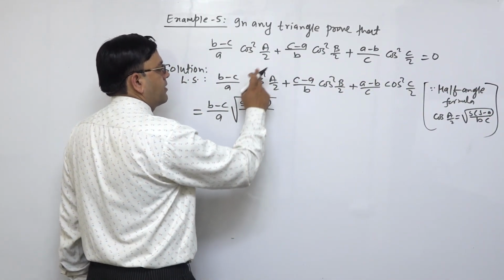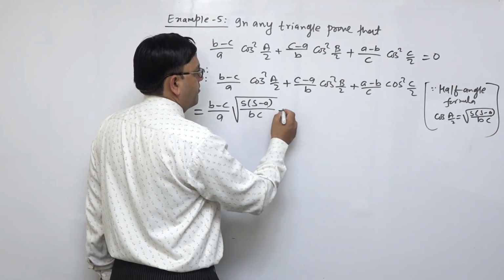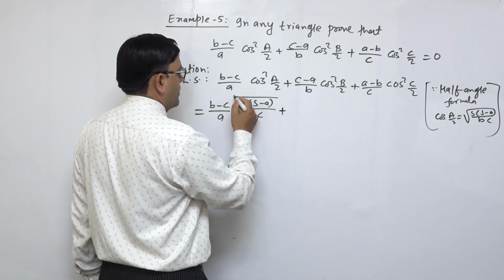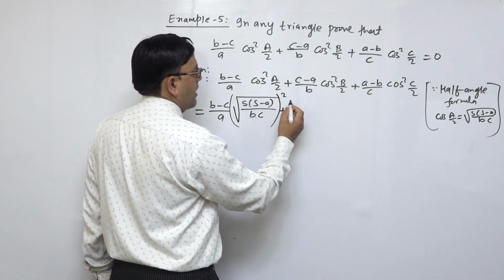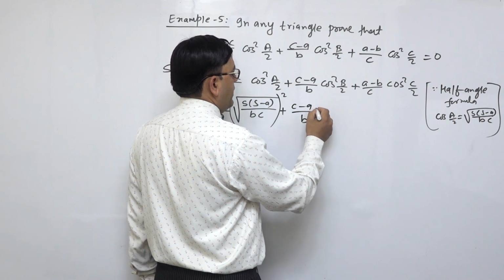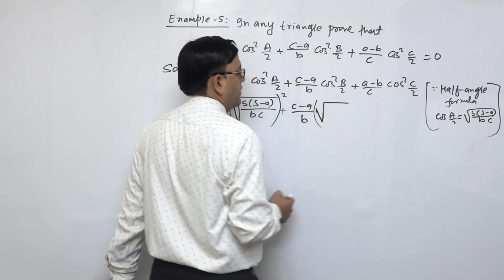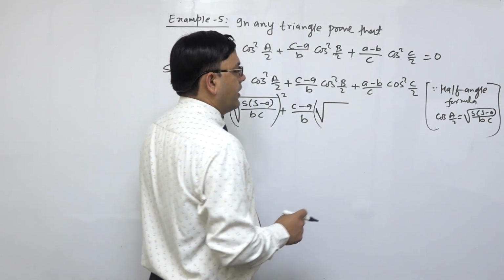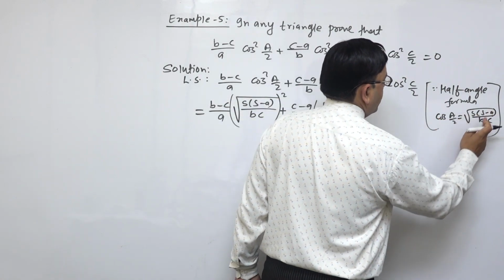So instead of cos square A, we write the whole square of this one. If it is A, then s(s minus a) by bc.